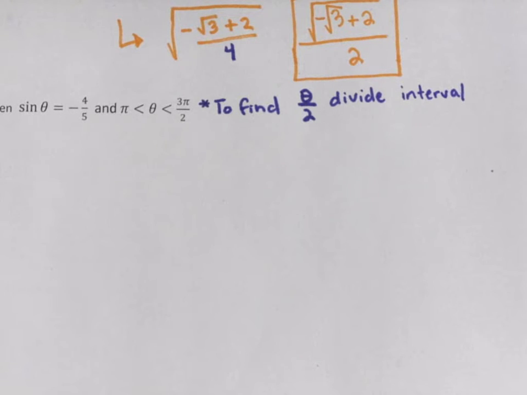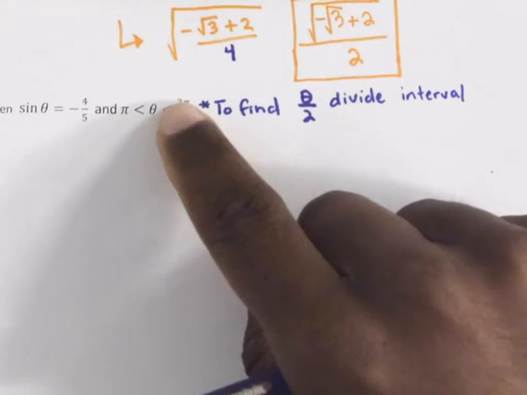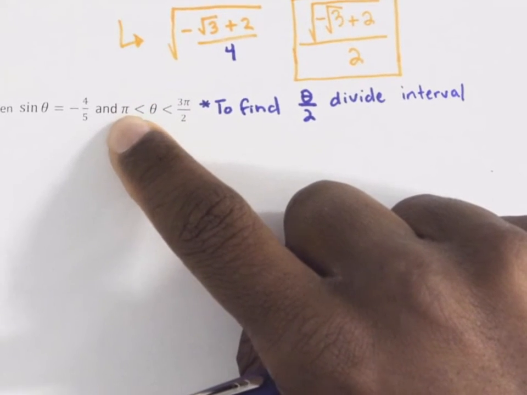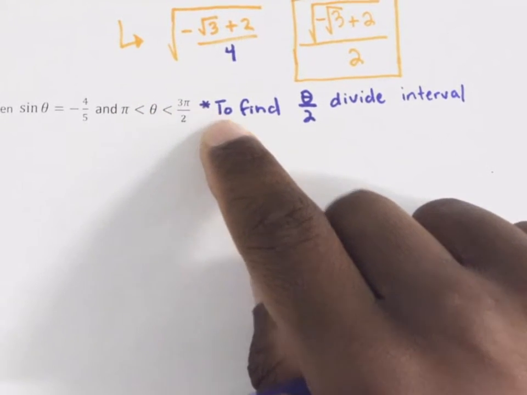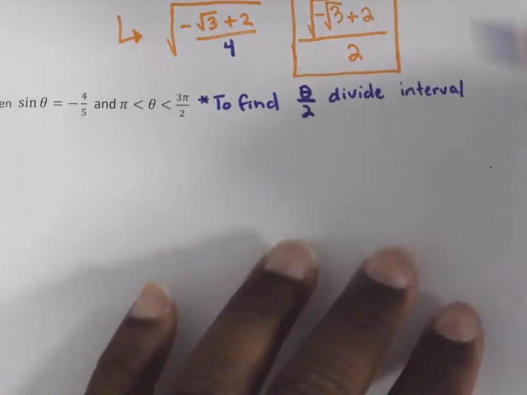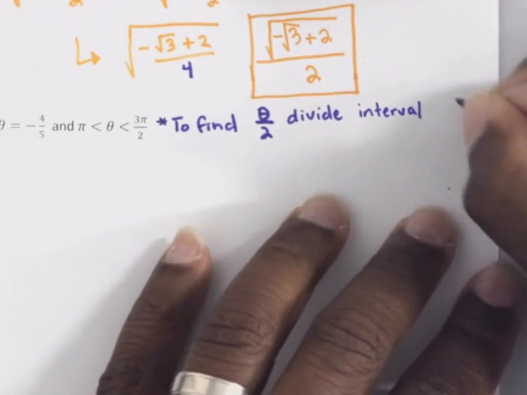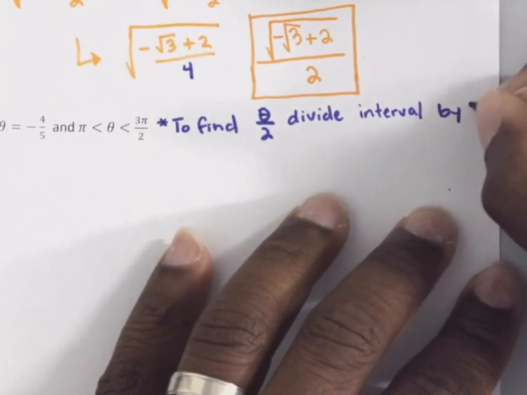So you have an interval. Can you go 45? Yes. People are going to honk at you and say, get out the way, but you can go 45. So it's the same thing here. This is your lower end, and this is your upper end. So that's the interval. So you divide the interval by 2.